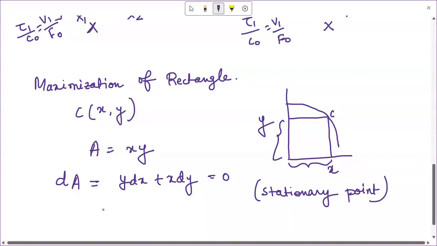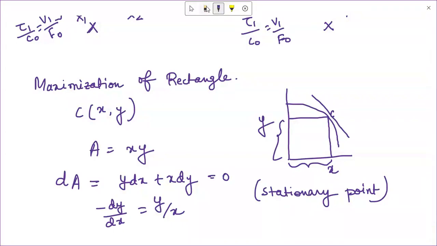To find that, you will get minus dy by dx equals y by x if you solve it. And this condition means that the area is maximized when point C is at that point where the slope of the curve, that is, if you draw a tangent.